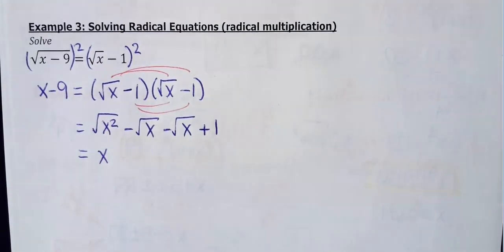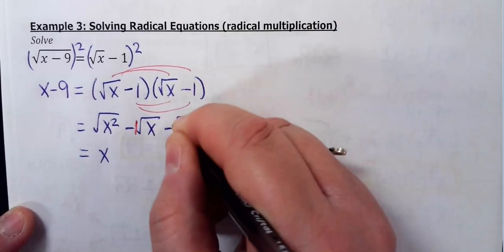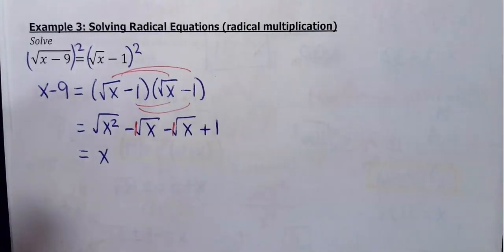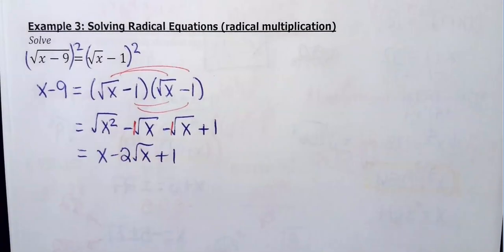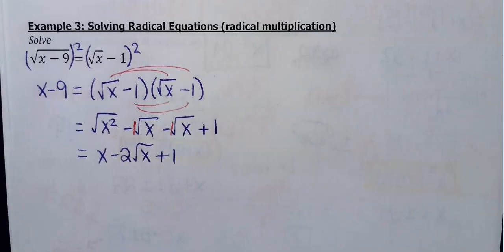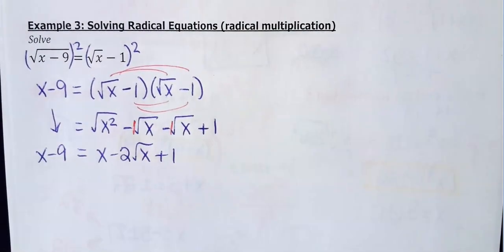Now, the only other thing you can do, you do have radicals here in the middle, and you don't have to write this in, but put that negative 1 together. I have negative 2 square roots of x, and then I have this 1. And then, forgive me, I'm just going to bring down the x minus 9 that was on the other side. Now, here's what's going to happen.